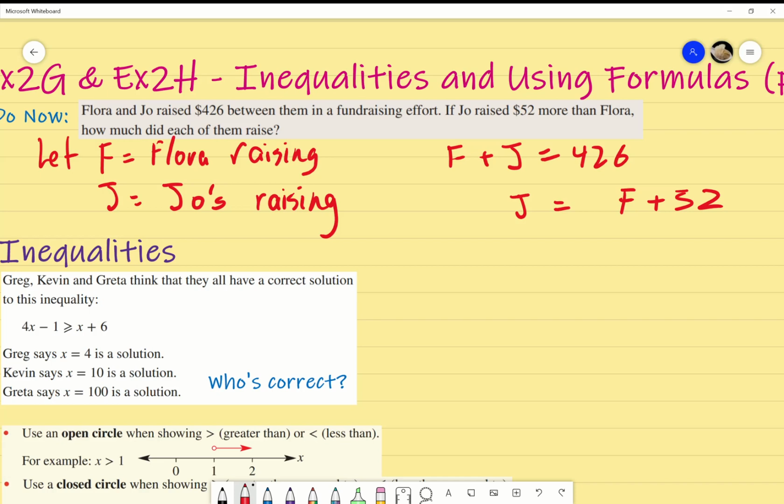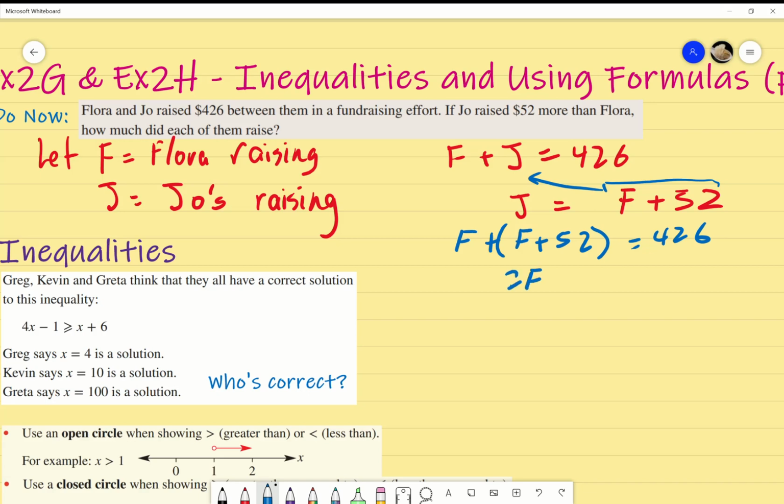So if Joe raised 52 more than Flora, that means how much Flora raised plus 52 is the same as Joe's. Now that we've got two equations, I'm just going to put that in. If I put this equation into here in replacement of J, I can say that F plus (F plus 52) in brackets equals 426.